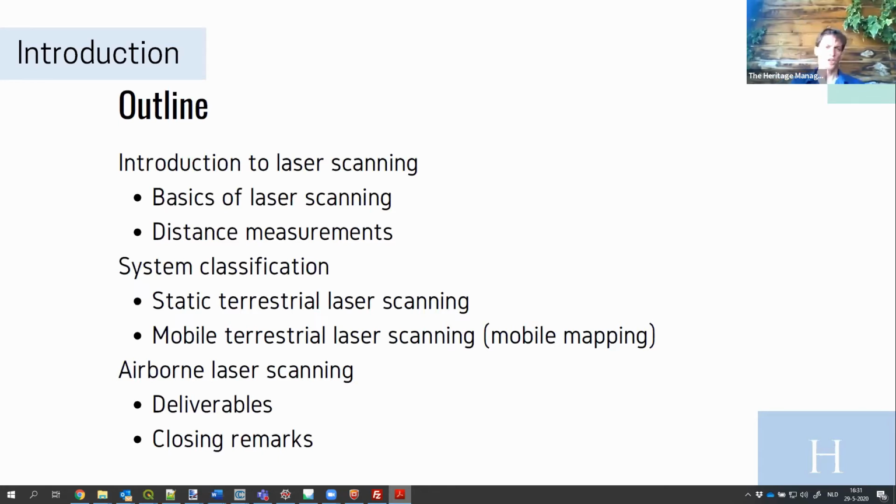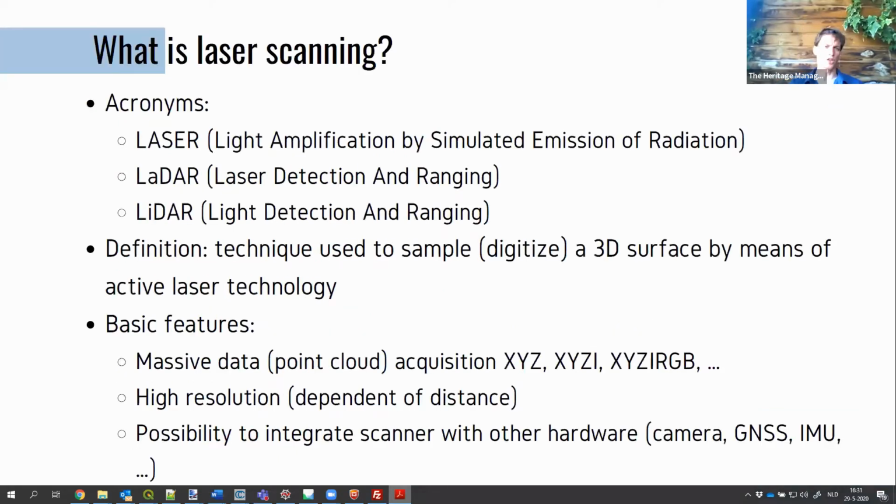So laser scanning, what is laser scanning? If you go into the literature, you can find a lot of abbreviations for it. You will see in a few slides that the main principle behind laser scanning is light amplification by stimulated emission of radiation. You all know that long sentence as laser.